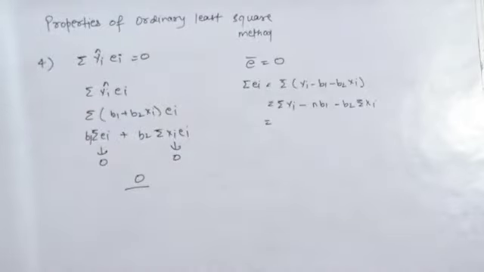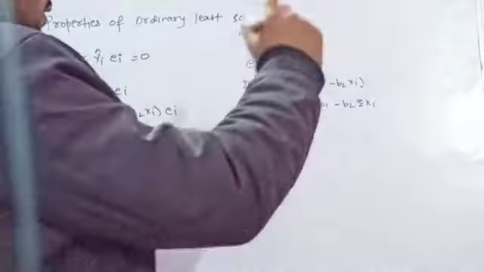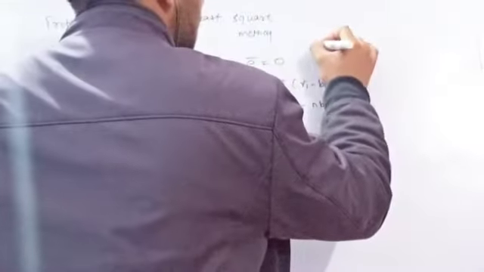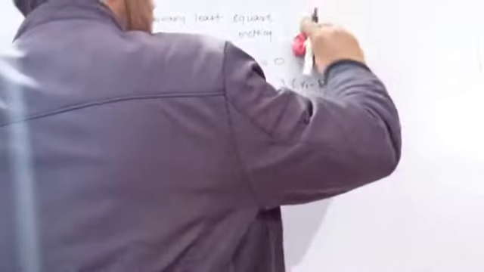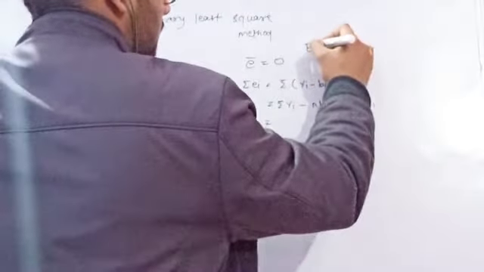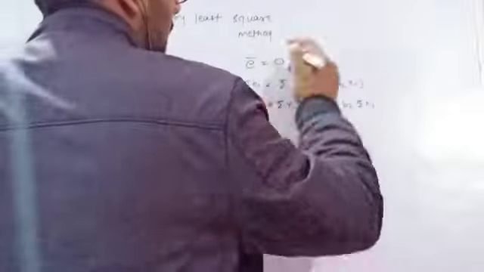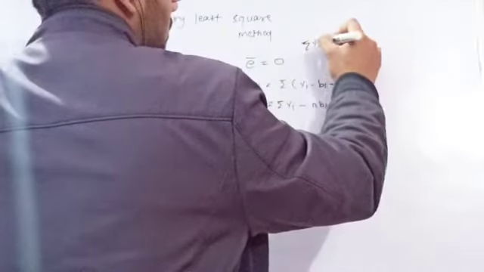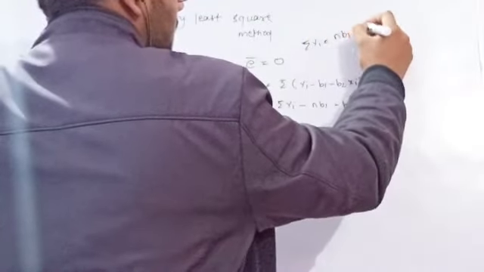Let's talk about normal equation 1, which is summation yi equal to n b1 plus b2 summation xi.